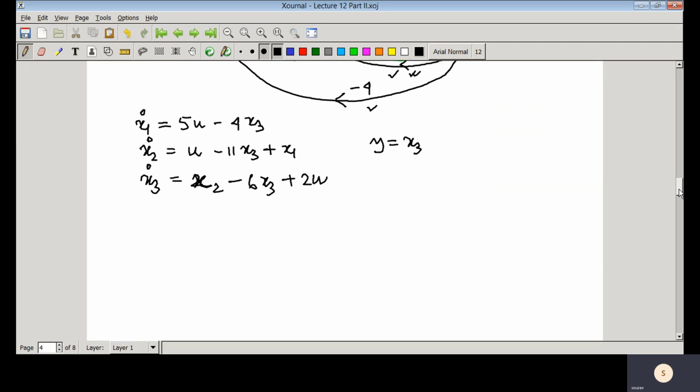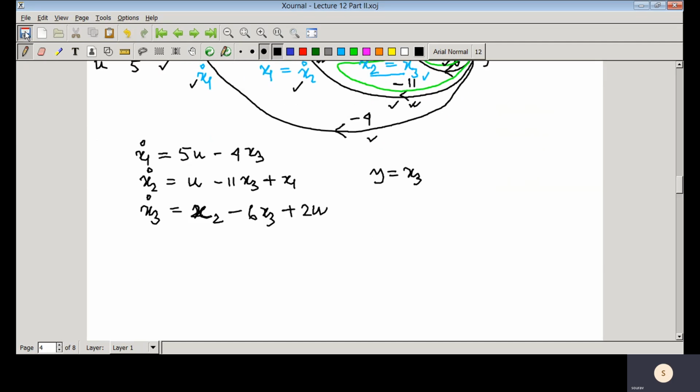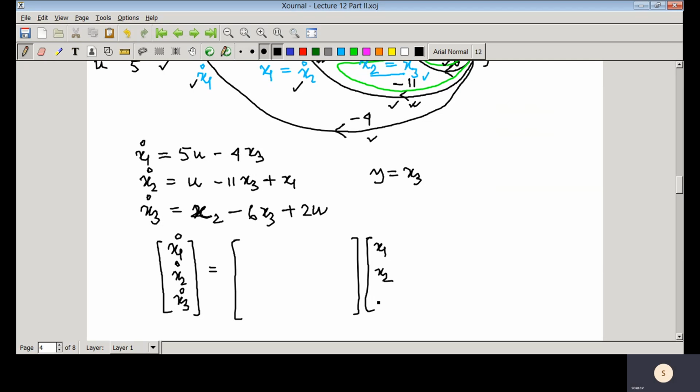So now if you write these three state equations, then what will you get? So this is x1 dot, x2 dot, and x3 dot. We are just writing it in matrix form, x1, x2, and x3, and then you have u.